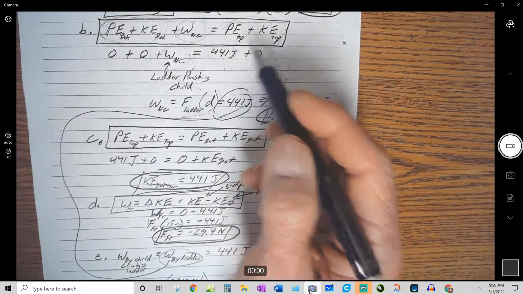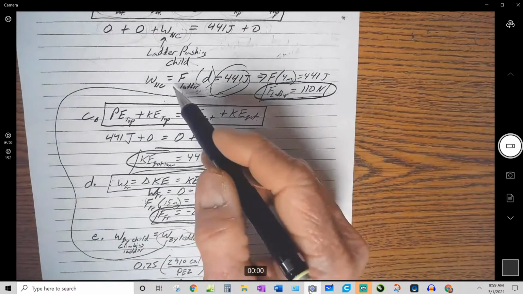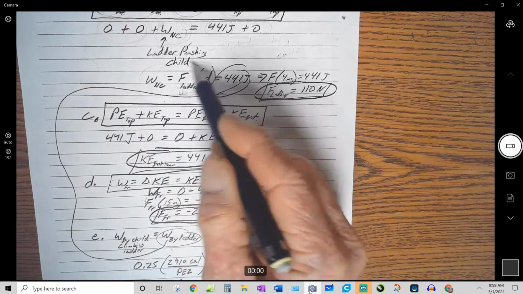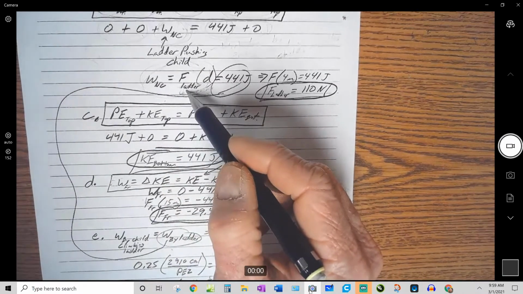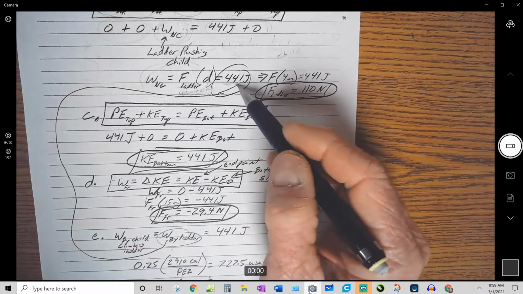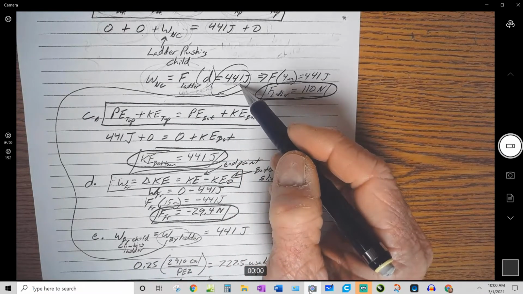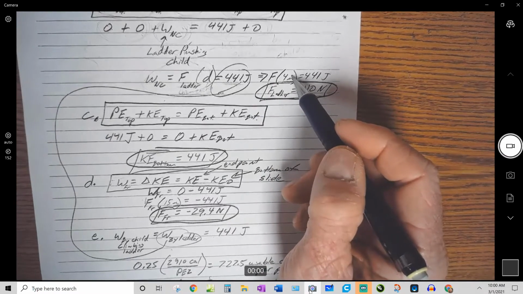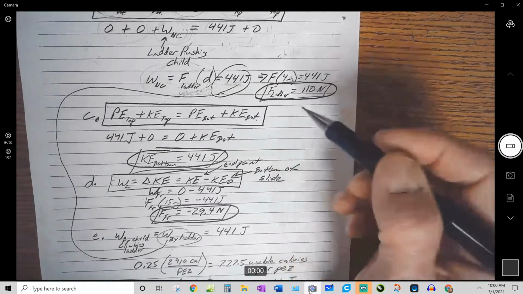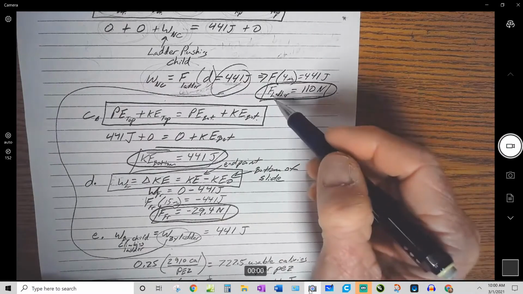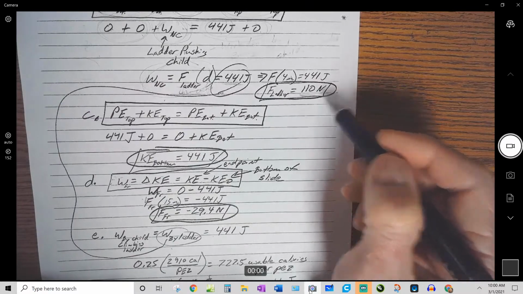That's what's acting on the child in this case. So the work then, work is force times distance. F is the force of the ladder, D is the distance. The work is 441. Here I've plugged in the length of the ladder, and then I can solve: F times 4 equals 441, the force of the ladder is 110 newtons.